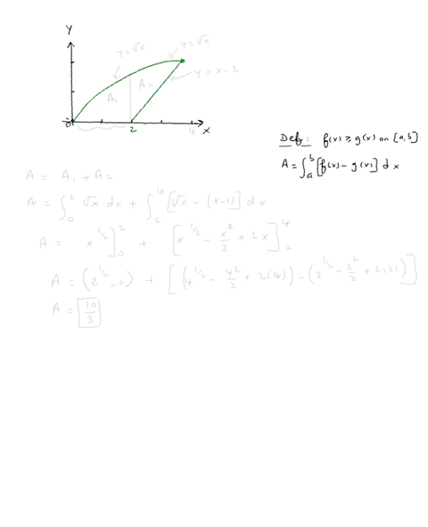So if we want to use this definition, I'm going to just split this area in 2. Let's call this A1 and then A2. So we both agree that A is going to be equal to A1 plus A2, right?